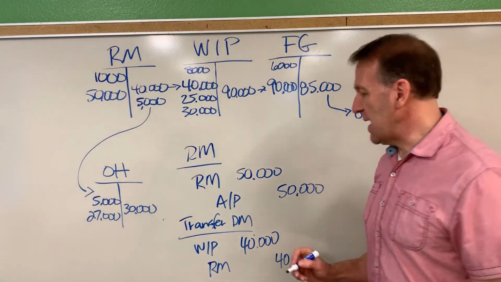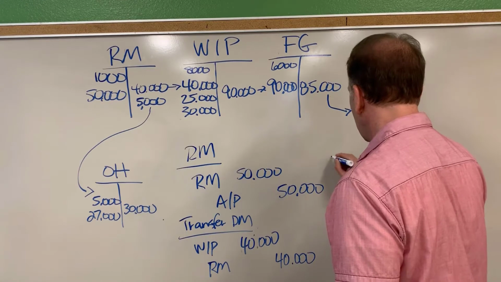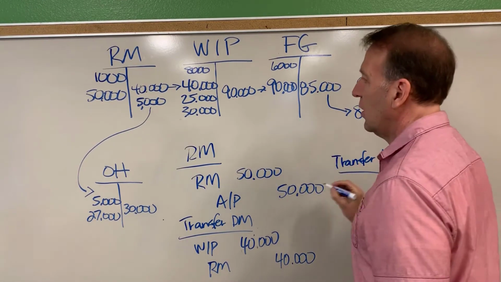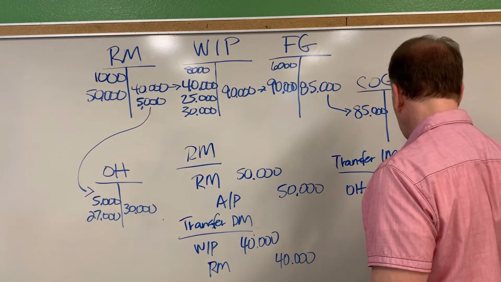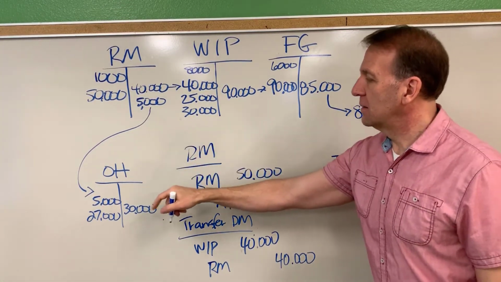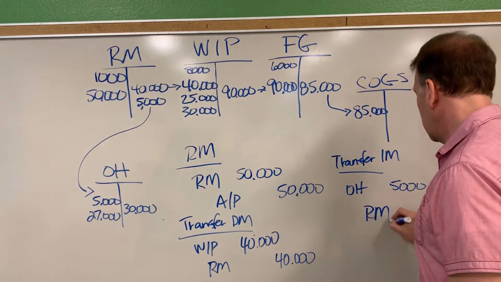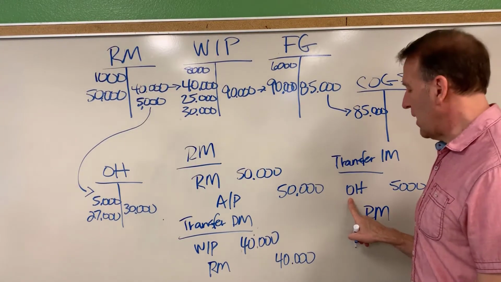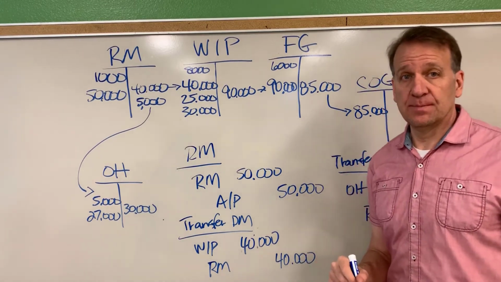Now let's look at the transfer of indirect materials. They're going into overhead, so we'll have a debit to overhead of 5,000, and they're coming out of raw materials, so we credit the raw materials account.